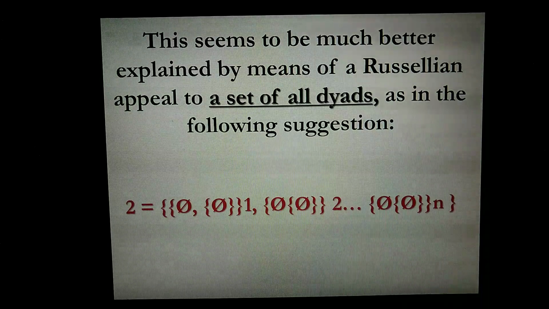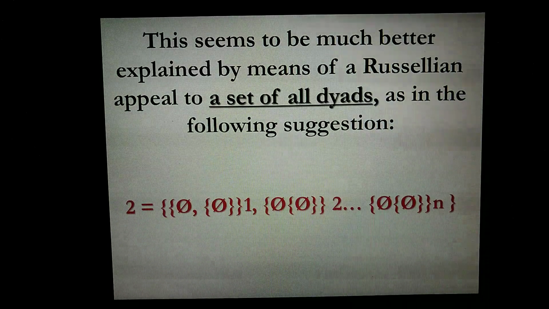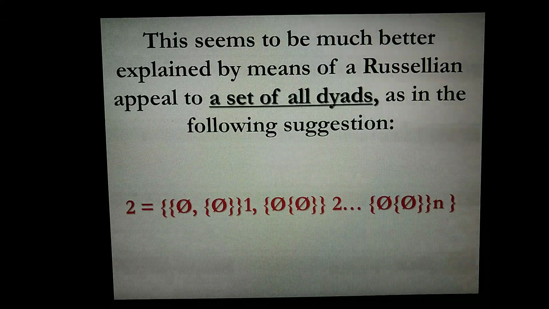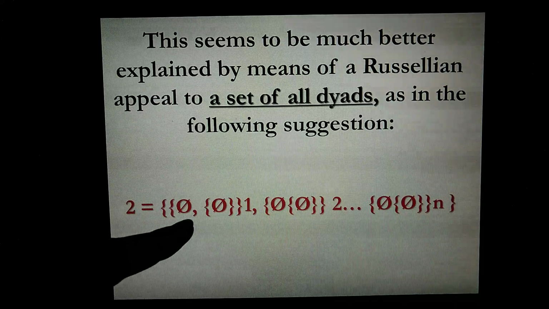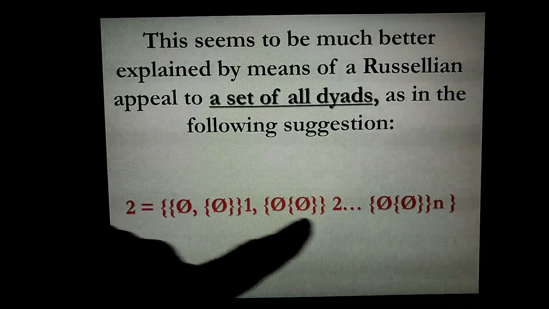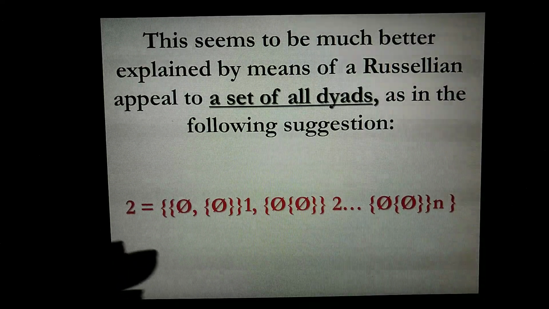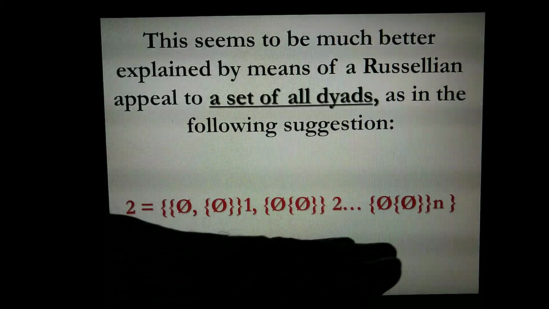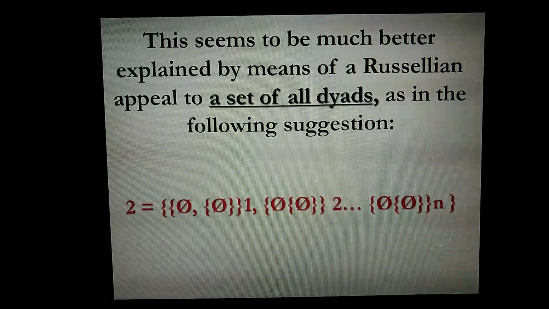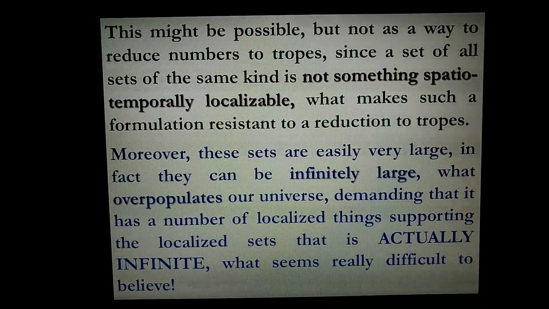This seems to be much better explained by means of a Russellian appeal to a set of all such sets, as in the following suggestion. I have here the 2, first applied to, second applied to, third applied to, and we need the objects corresponding to them.